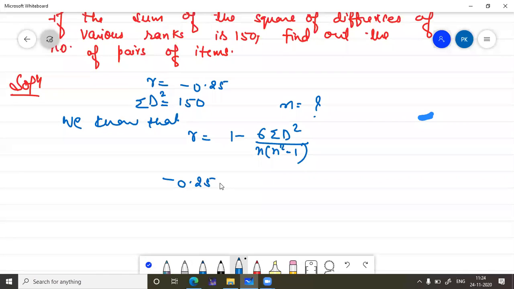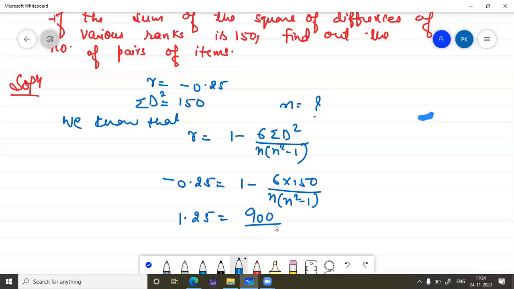This is minus 0.25, 1 minus 6 into 150 divided by n into n square minus 1. So this is 1 plus 0.25, 1.25 is equals to 6 into 150 की होगी वैल्यू हमारे पास 900 divided by n square minus 1, और n square minus 1 is equals to 720.